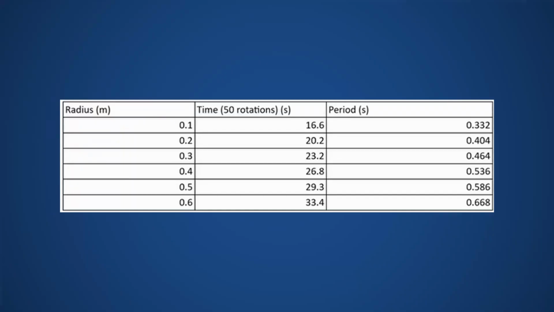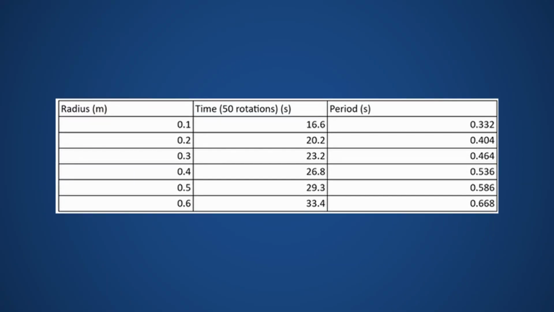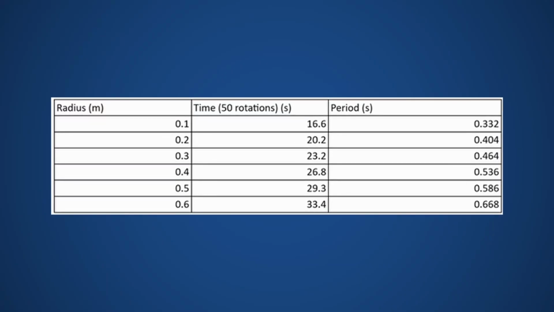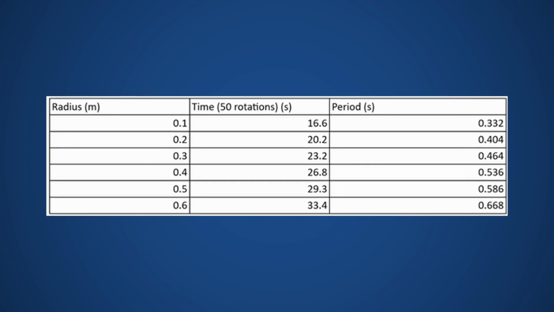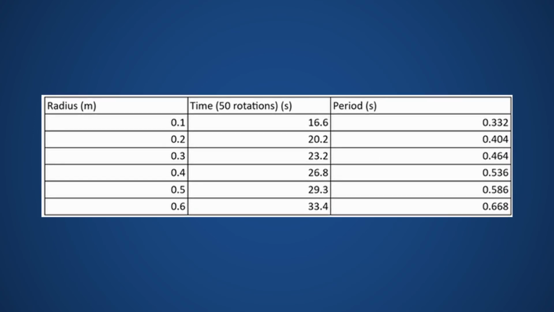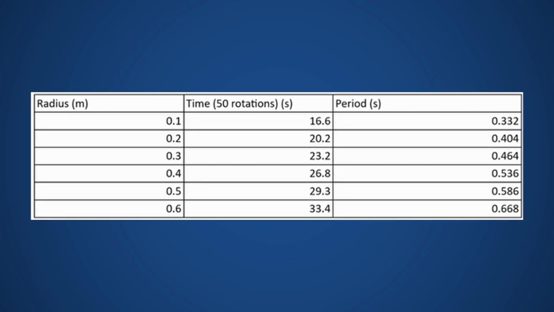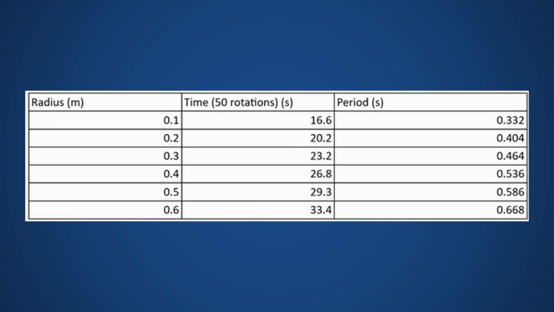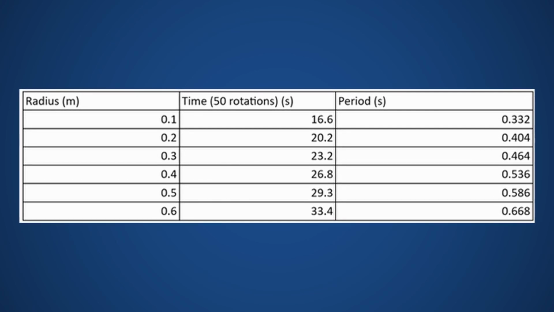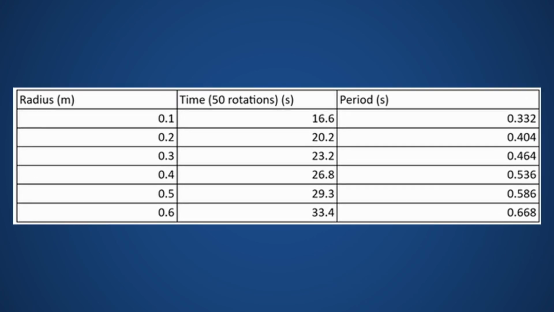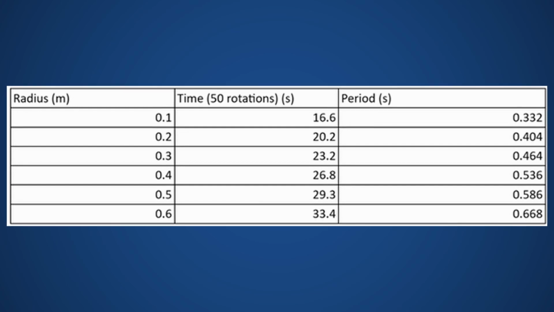The following is the data recorded from the experiment. For the radius of 0.1 meters, the time it took for the rubber stopper to rotate 50 times is 16.6 seconds. Dividing that by 50 to get the time for one rotation, or the period, results in 0.332 seconds, rounded to 3 significant figures. The method for obtaining the period is the same for the rest of the radii.